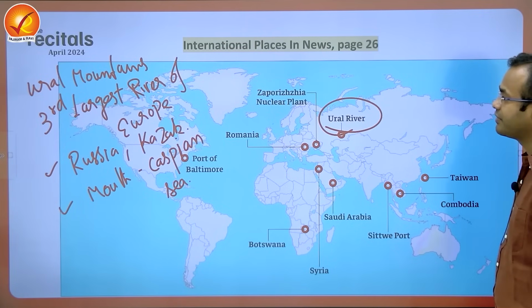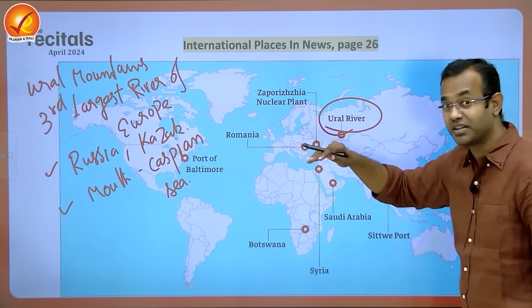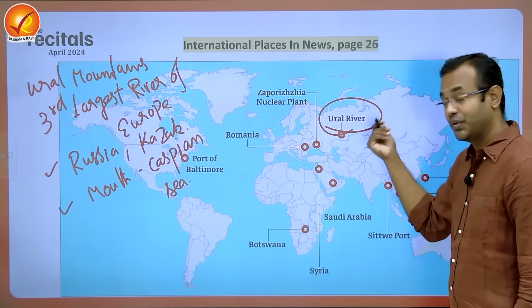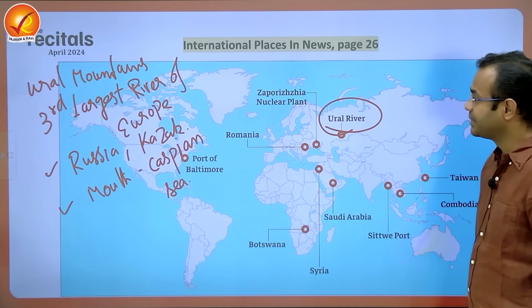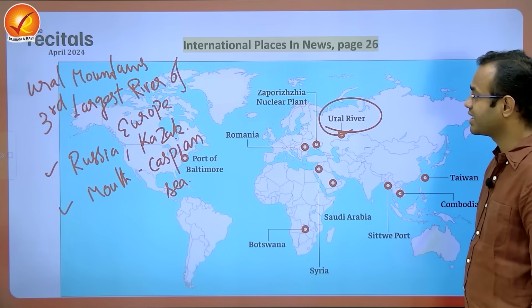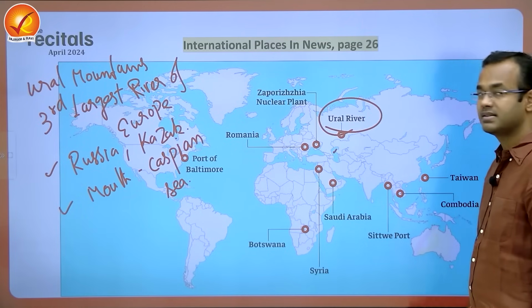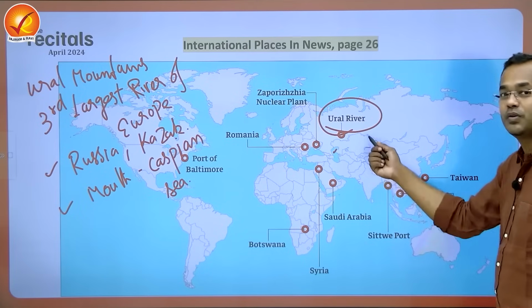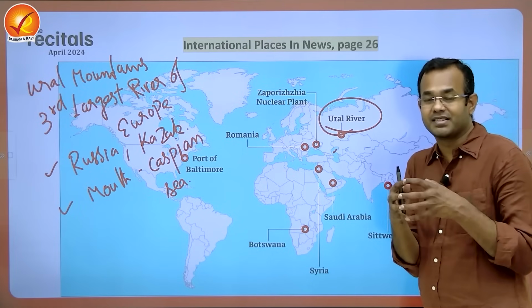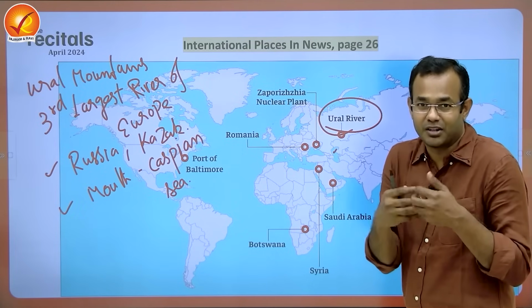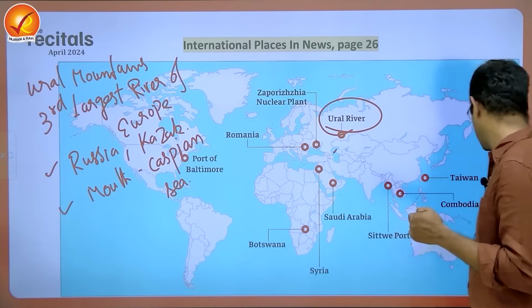It is the third largest river of Europe. Volga is the largest river, Danube is the second largest, Ural is the third largest. It flows in Russia and Kazakhstan. Its mouth is the Caspian Sea. It came in news because one of the river's dams or embankments burst. That is why it has been in news.